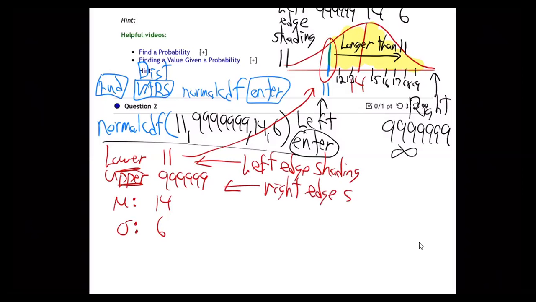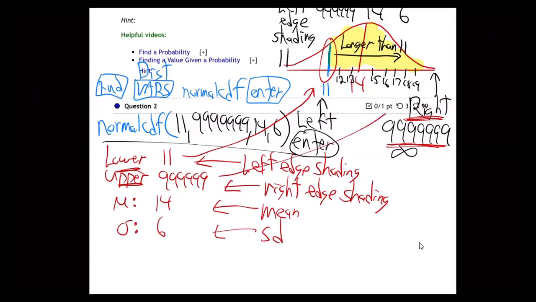The shading goes forever to the right, so it's basically infinity: 9, 9, 9, forever. Does that make sense? Then the next one is the mean, and the bottom one is the standard deviation. It's all about the chunk of shading, the left edge and right edge of it. Is that making sense?